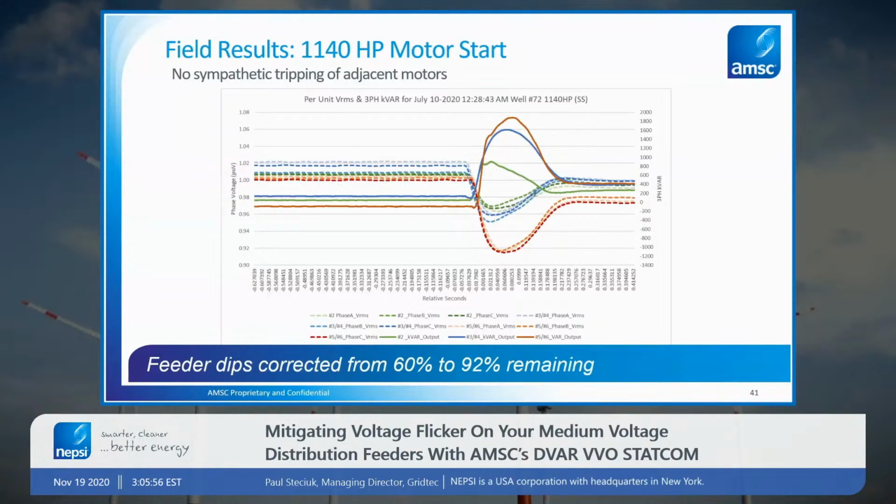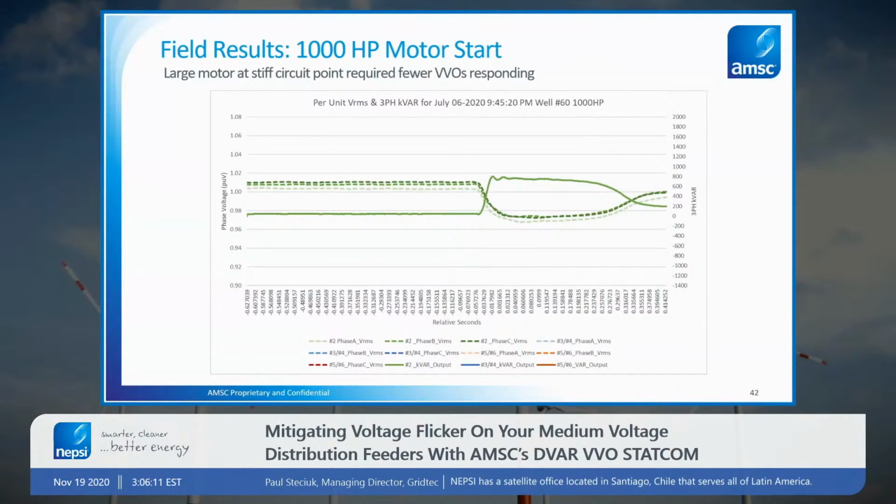And that's what shows the difference between outputs here in these STATCOMs. So the STATCOMs nearest the culprit motor start are the ones responding with the most VAR output. And this is just another example of a motor starting event.